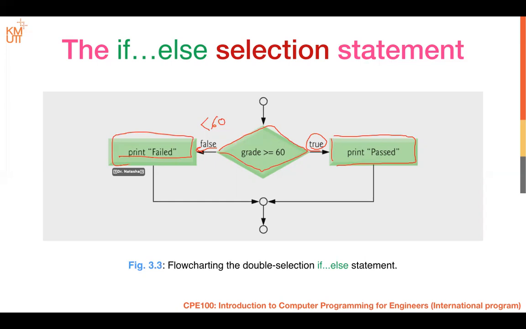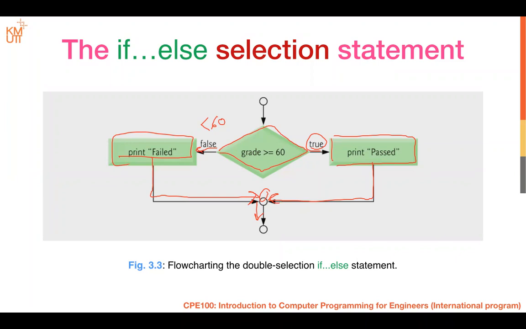After these two, we select either true or false, okay? But right after this execution finishes, we go to the same position, that is this connector. Okay, and then continue to the next statement as a sequential execution that I've talked to you about. Okay, this we call the if else statement.